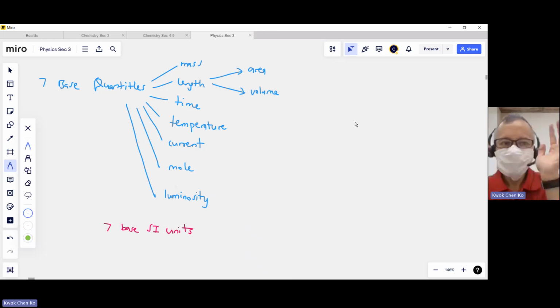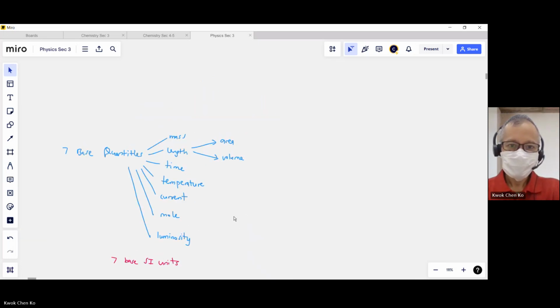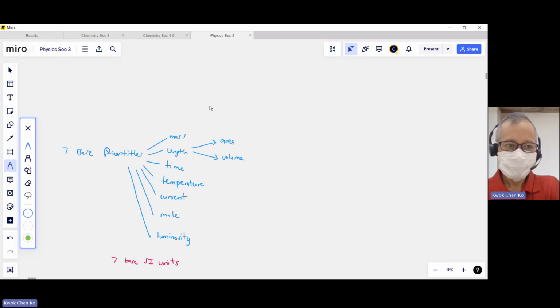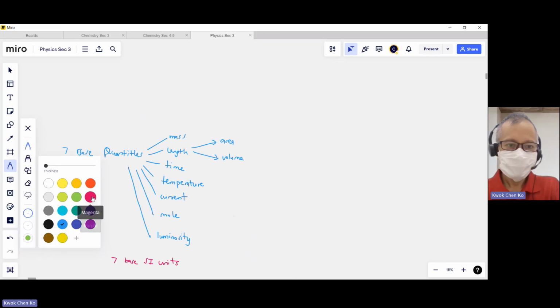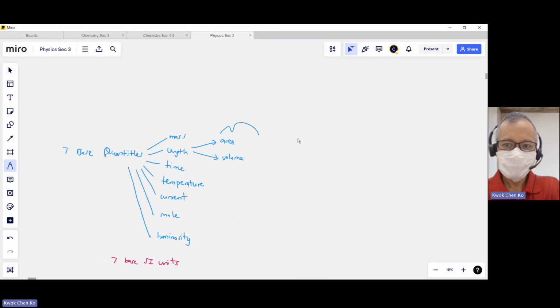So these are what we call the base quantities, 7 of them. And based on them, other quantities can be derived. So as I said, area and volume are considered derived quantities.